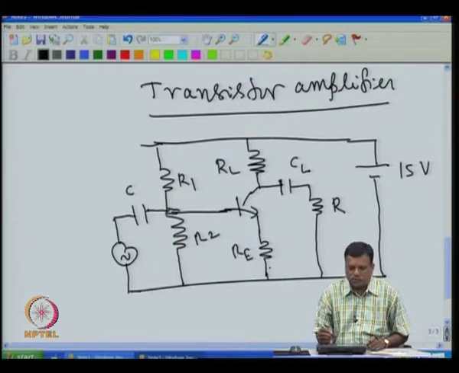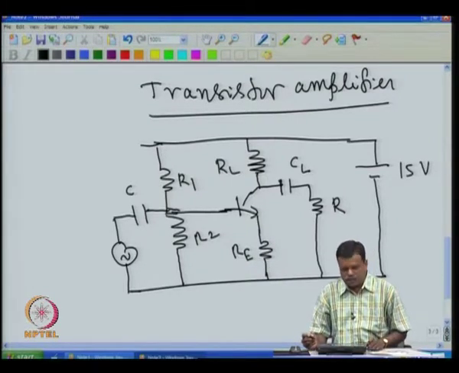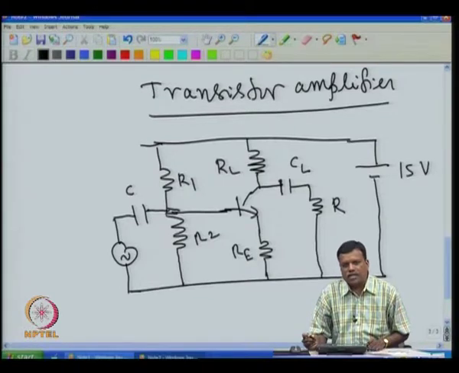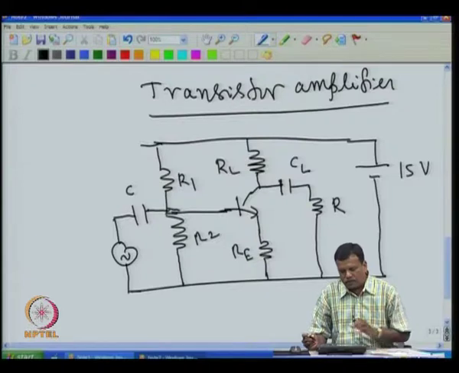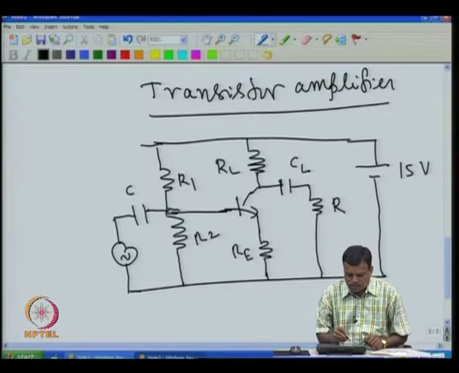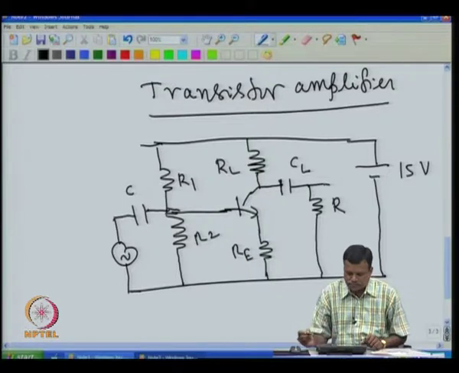Now, my aim for picking up this circuit as a first example is that we have to understand what is the problem associated with this, and from here on, how analog electronics has grown to the present day status. If you look at this circuit, basically this input signal is amplified and the amplified voltage appears here.